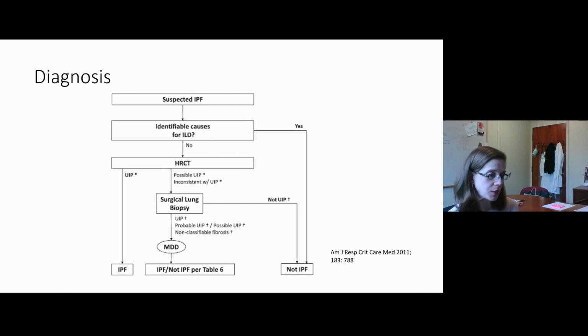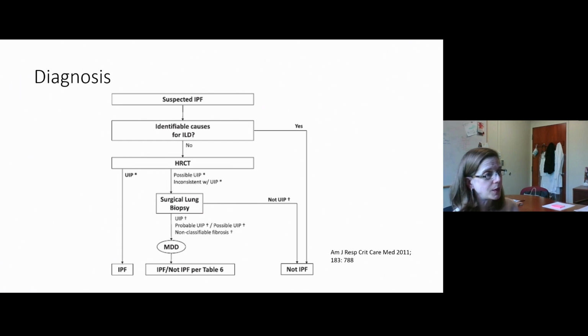So here, as I mentioned, this is from a publication related to guidelines around the evaluation and diagnosis of idiopathic pulmonary fibrosis, which is the most common form of the idiopathic interstitial pneumonias. When we approach a patient who has abnormal imaging in the setting of suspected ILD, we would want to make sure that there's no identifiable cause for the ILD.